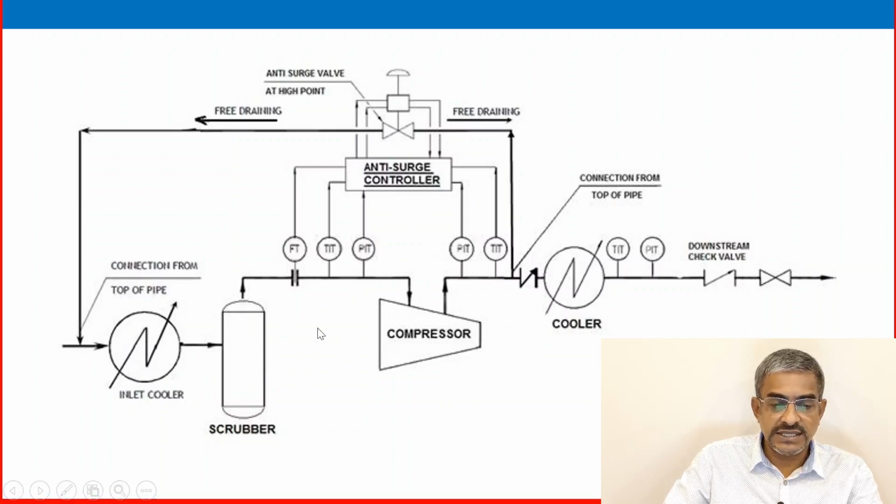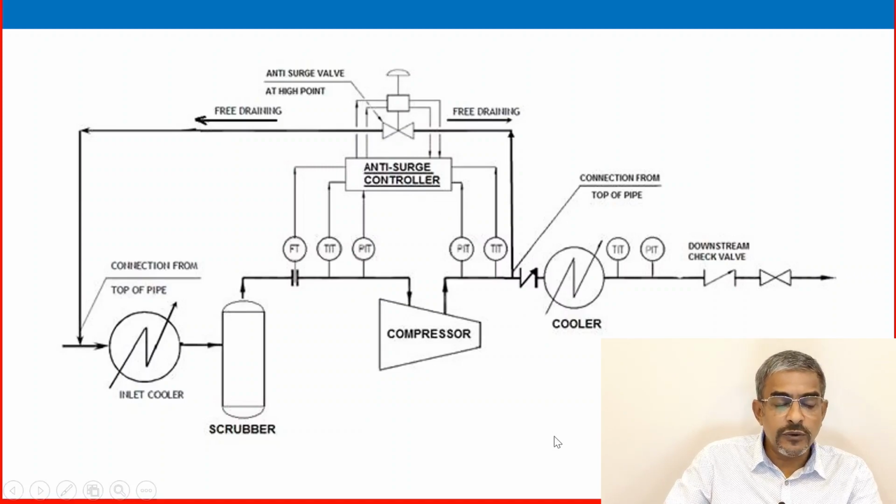Once the pressure is sufficient and maintained above the surge pressure, normally this valve will close. Whenever the pressure drops and crosses the surging level, this valve will open. So it will continuously protect the compressor from surging. So this is called the anti-surge system.